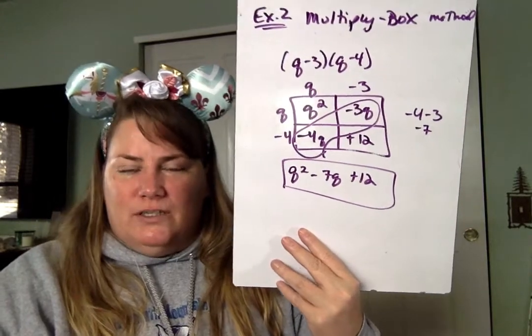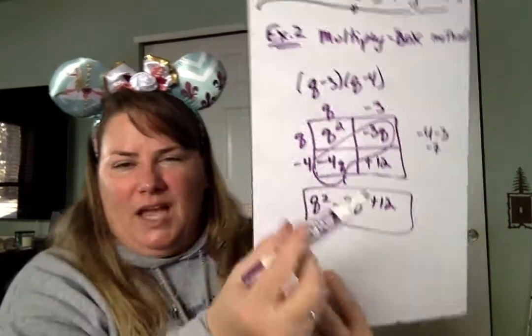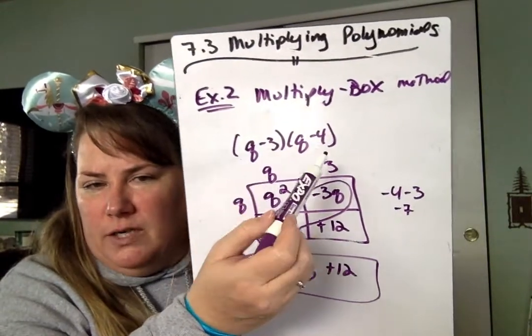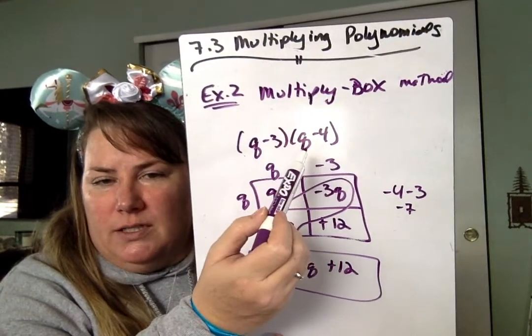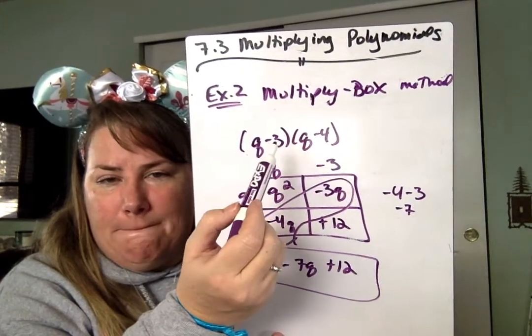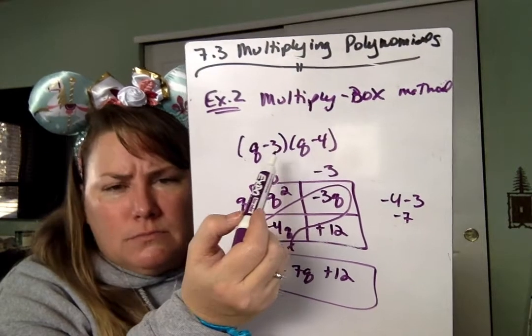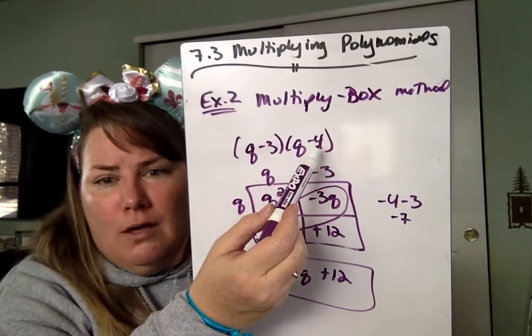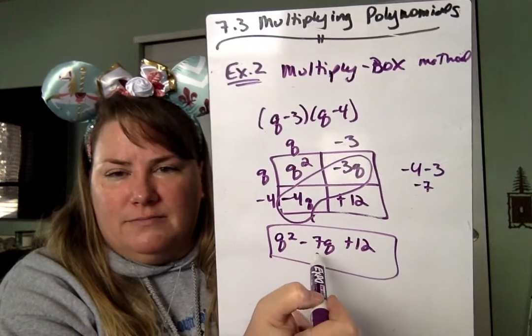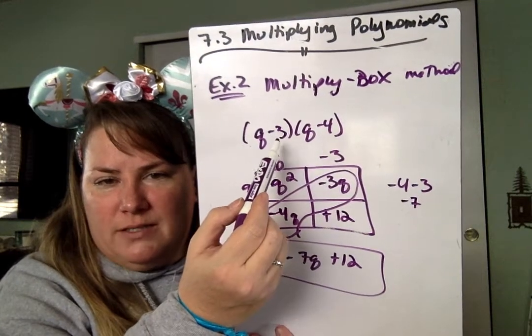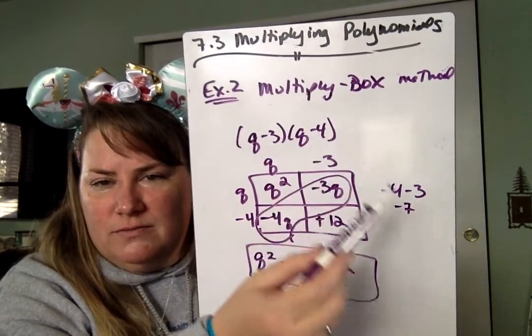Here's a way to check this. It only works when you just have a coefficient of 1 in front of your variables. Here's the thing. What is the sum of negative 3 and negative 4, which is negative 7? What's the product of negative 3 and negative 4?